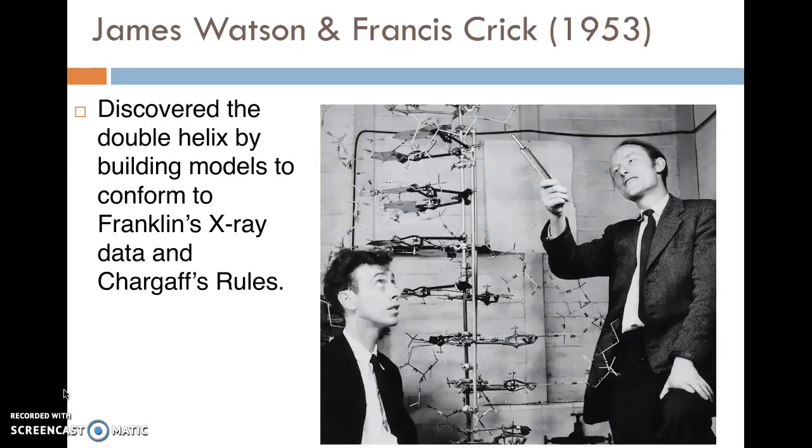They used Chargaff's rules, knowing that certain nitrogenous bases must be attached to each other like rungs of a ladder, and that the sugar phosphate molecules would be in the outer strands of the ladder, or what is known as the double helix. They put the pieces together from other scientists, and they earned the Nobel Prize.